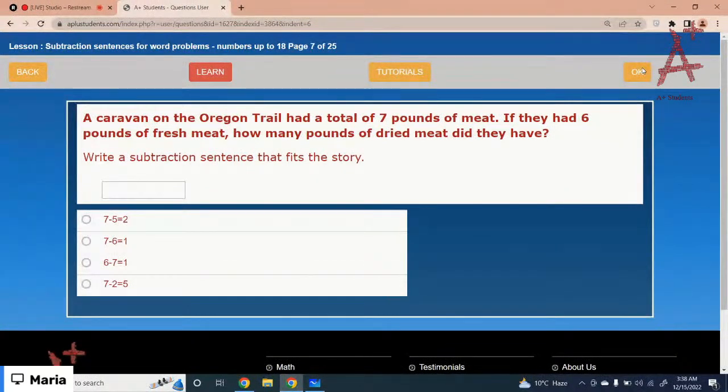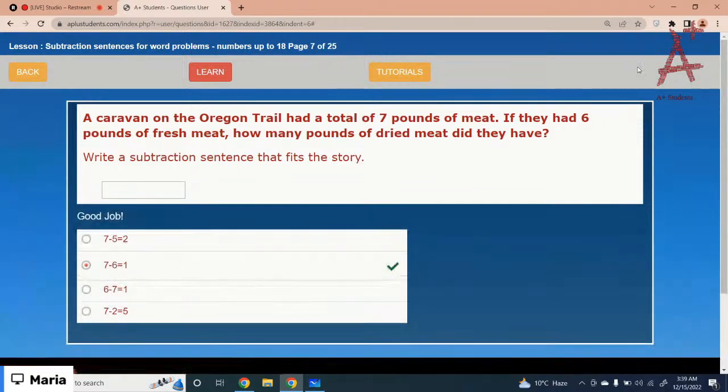So it would be 7 take away 6. 7 take away 6 is 1. So just select the correct option, then click on the OK button.